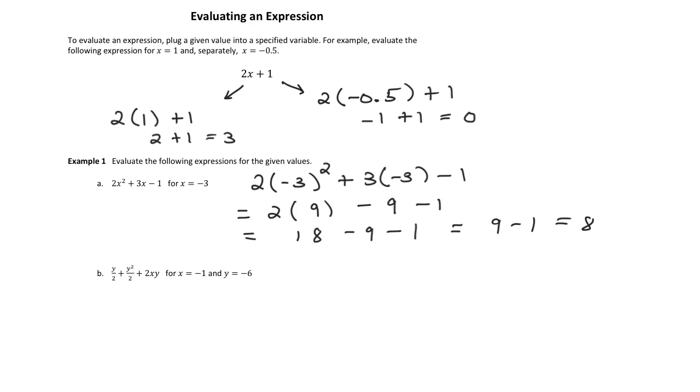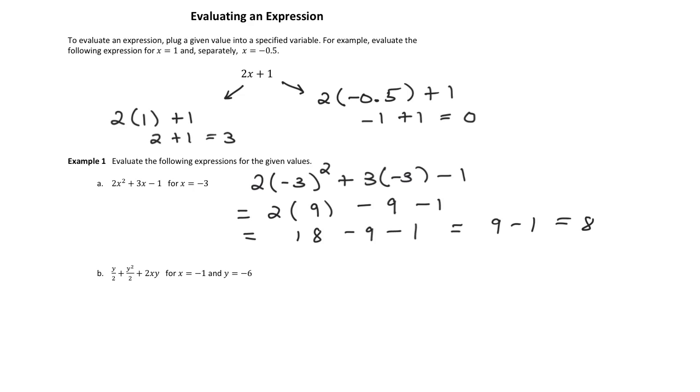For part B, now we have two variables in here. So there's both y's and x's, and we're given x is equal to negative 1 and y is equal to negative 6. So to evaluate this expression, we need these two given values.